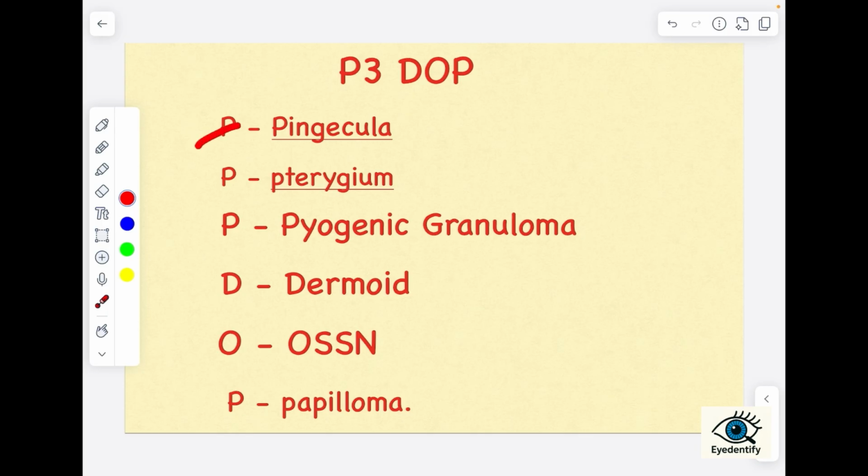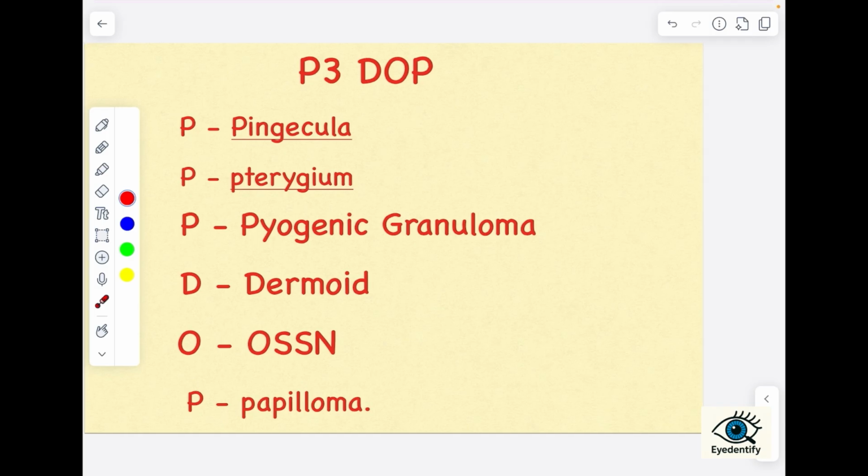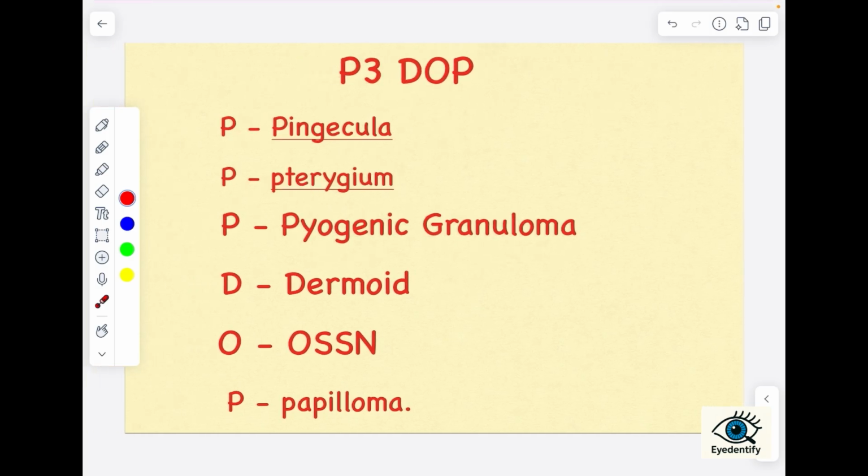So first is pinguecula, then pterygium, then pyogenic granuloma, then dermoid, also called limbal dermoid, OSSN, and papilloma. Now we'll understand one by one how to identify and differentiate them in the exam.